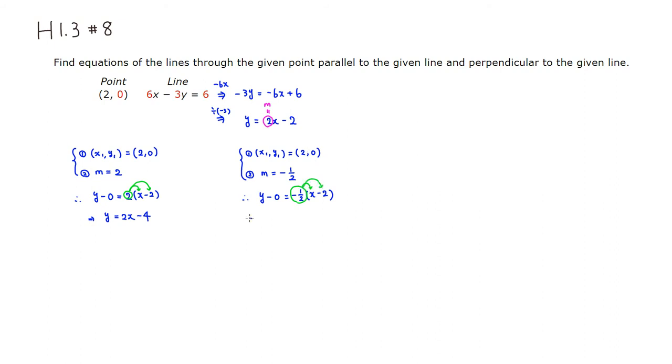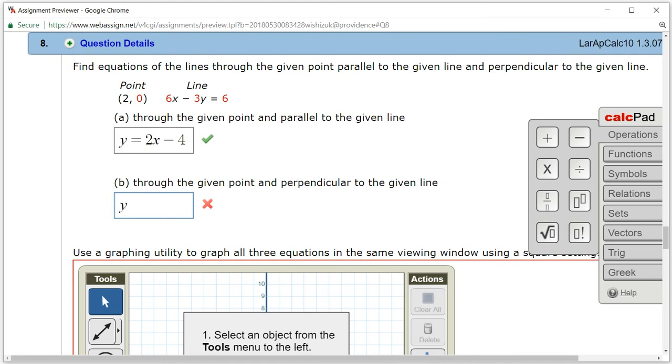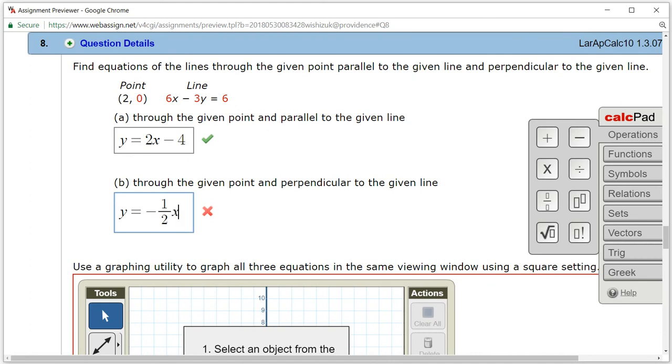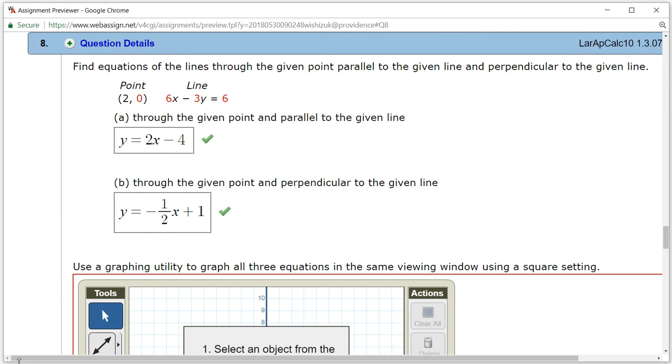Then we'll end up getting y is equal to negative 1/2 x plus 1. Let's type it in. So we have y equals negative 1/2 x plus 1. Let's check the answer. Submit for testing. It came back and it looks like we got part B correctly.